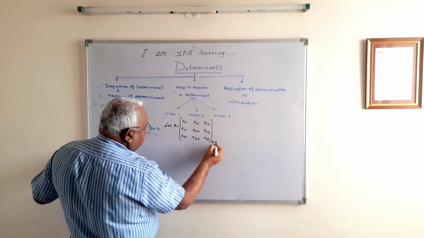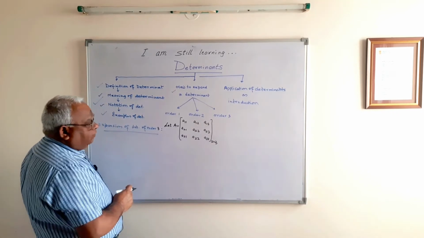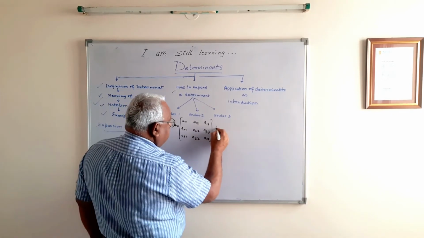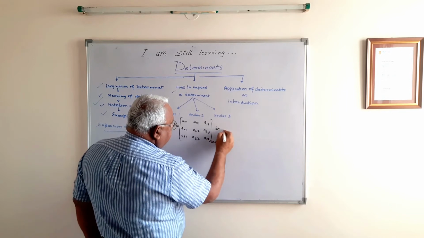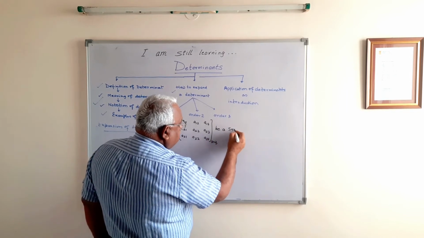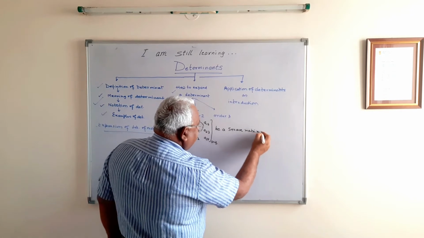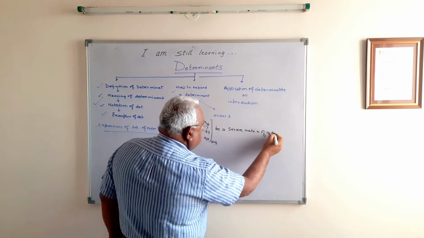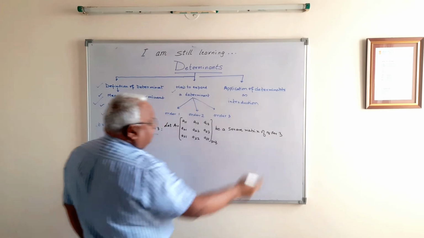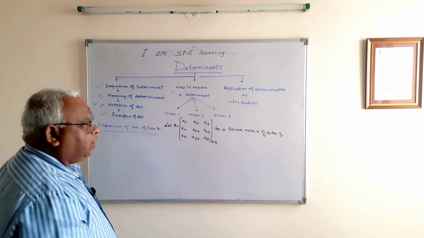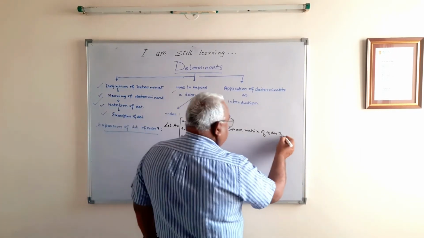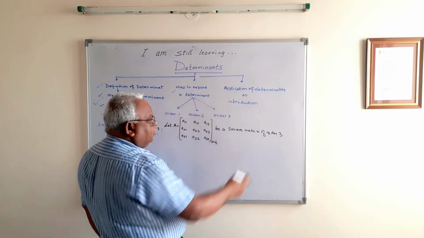This is a square matrix of order 3. We simply write 3. There is no need to write 3 cross 3. When it is a square, you can just write order 3.